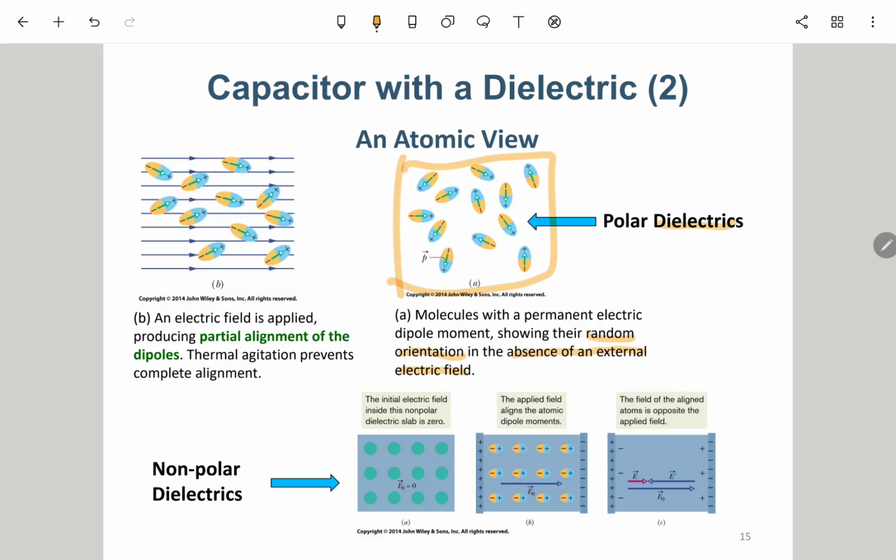But if you provide some E field to it, all these dipoles will tend to point to the same direction.